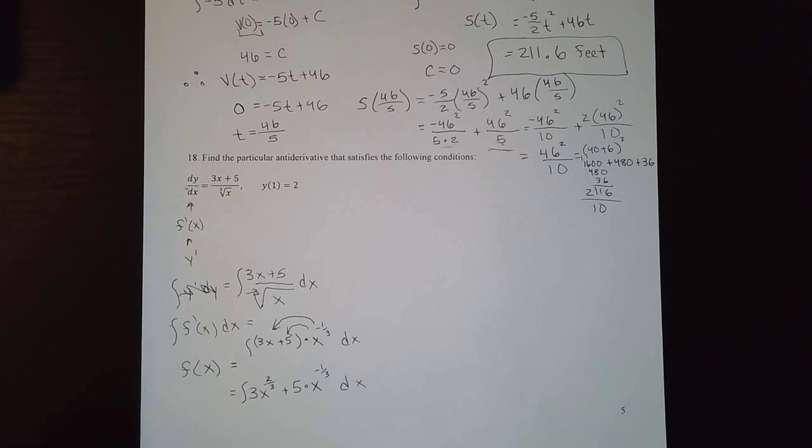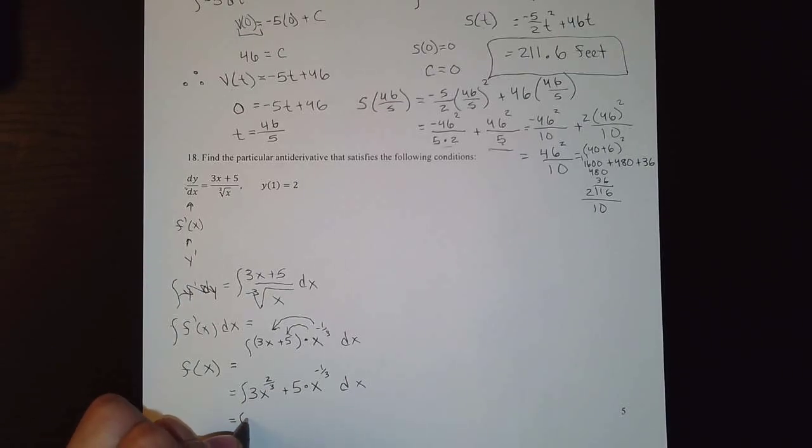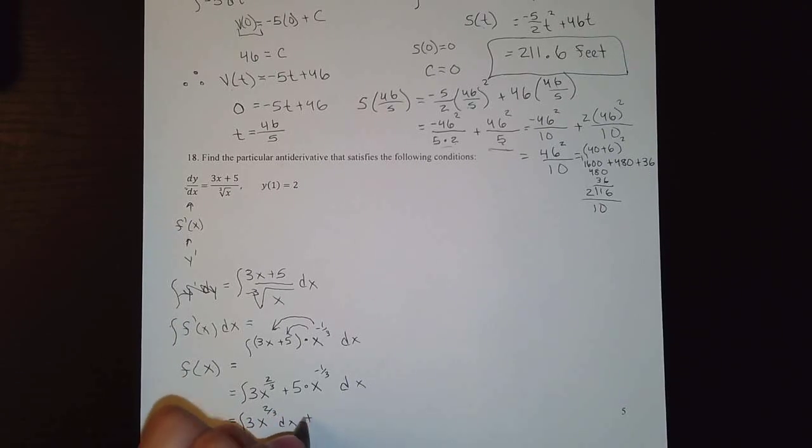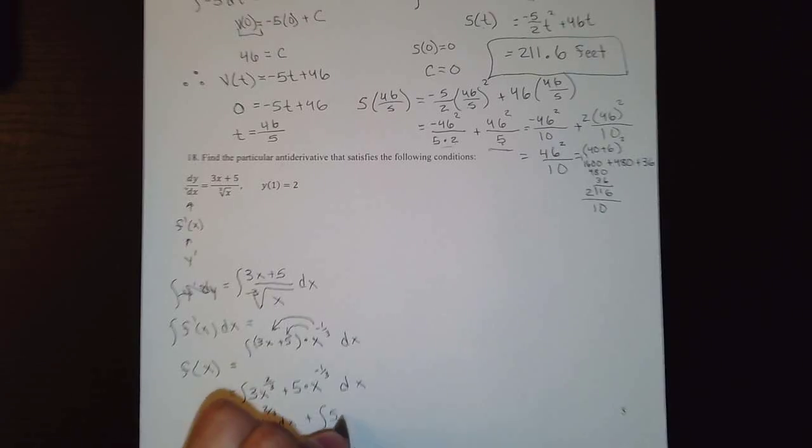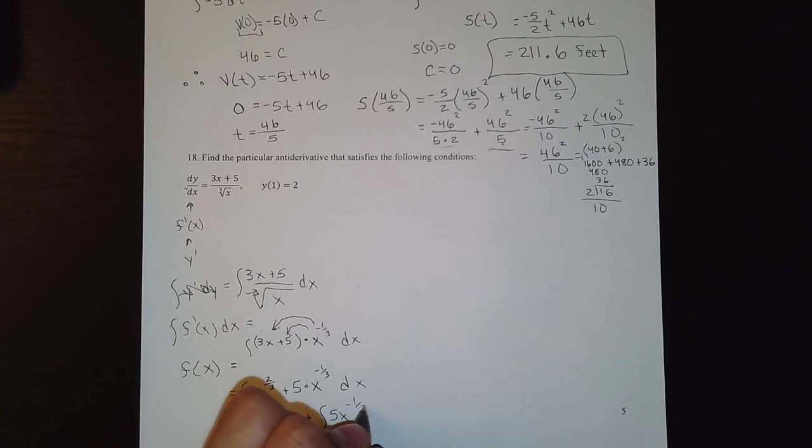And then we can separate and integrate, so it would become the integral of 3x to the 2/3 dx plus the integral of 5x to the negative 1/3 dx. Constants can move out. So I'll move the constant out, and then I'll also anti-differentiate.